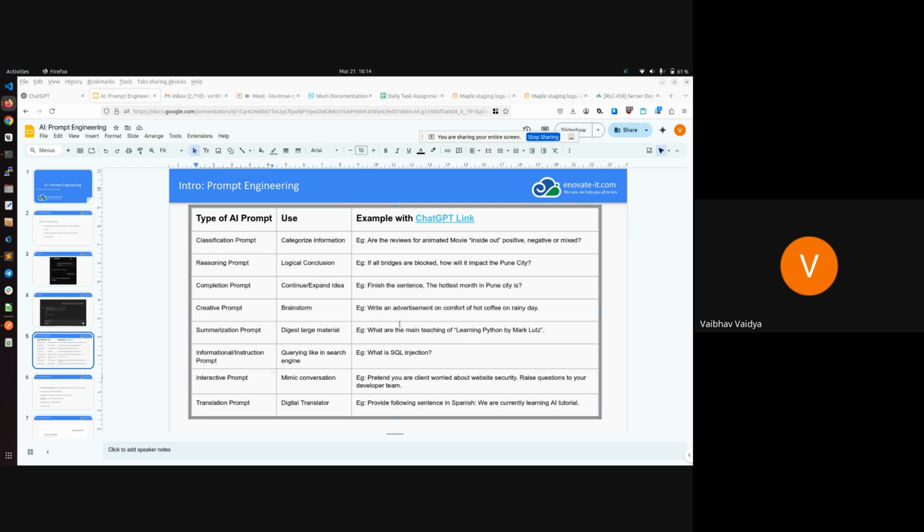Since this is a lecture for everyone, for developers, here is how you should think for a classification prompt. Let's say we have got a database. Let's take the first example of Inside Out. We have got multiple reviews, let's say critic one, critic two. Everybody has given their reviews. What we need to do is take the average of all the reviews.